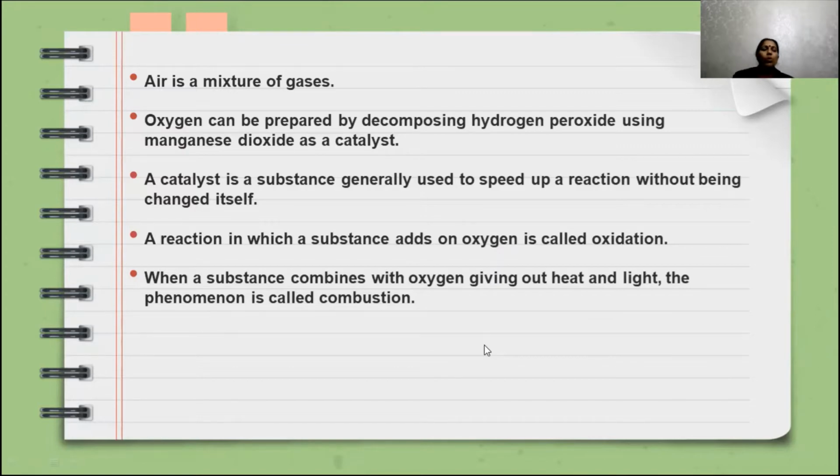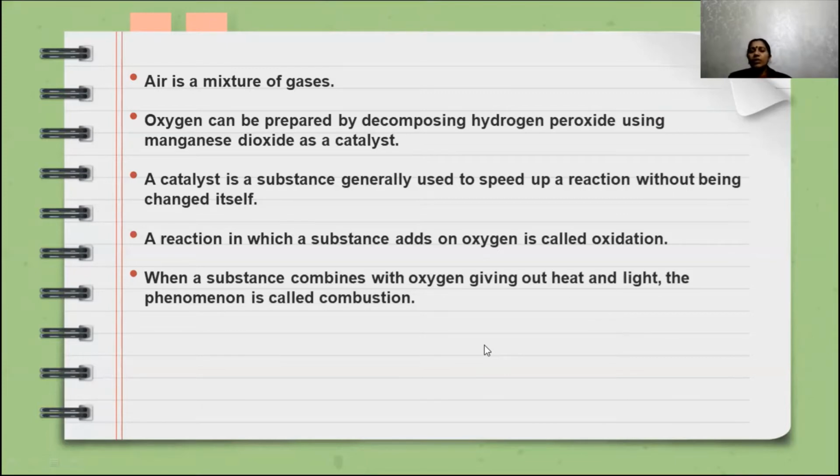A reaction in which a substance adds on oxygen is called an oxidation reaction. I repeat, in a reaction, a substance adds on oxygen. That's called oxidation. Then, when a substance combines with oxygen, what will come out?